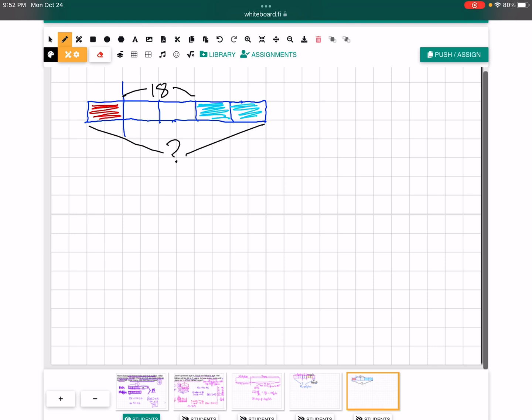Well, at this point, it's pretty straightforward because you see that this is cut into fifths, and 2/5 is 18. So if 2 units is 18, then 1 unit is 9. That means that all of the units are 9, right? And 5 times 9 is 45.